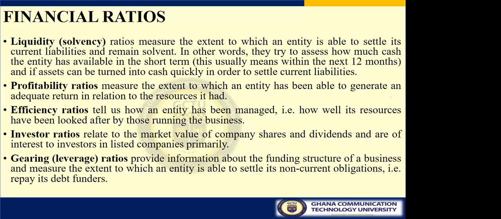You have the gearing or leverage ratios, which provide information about the funding structure of a business and measure the extent to which an entity is able to settle its non-current obligations, for example, repay its debt funders. So if you want to find out about the capital structure of the business, we use the gearing or leverage ratios.